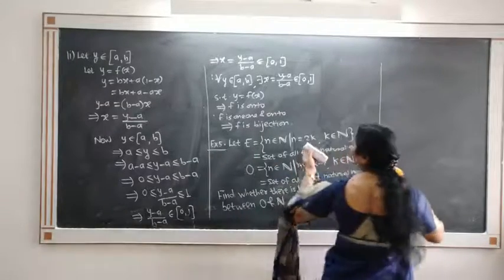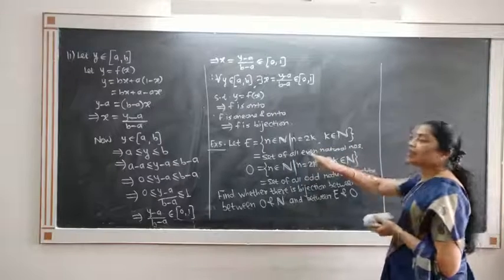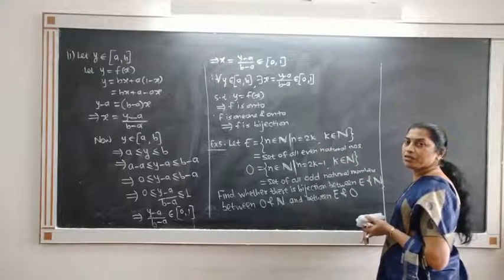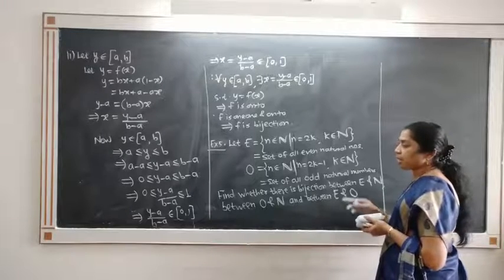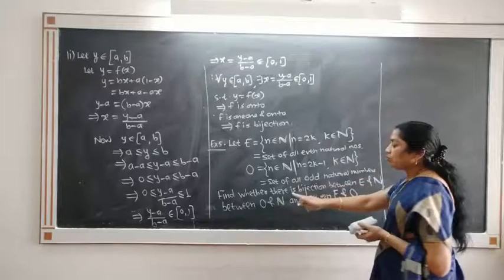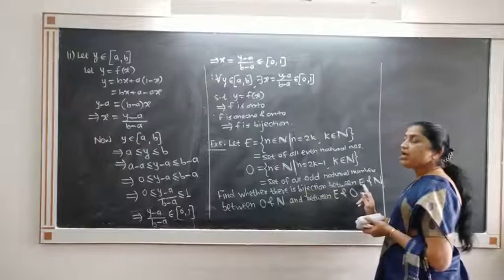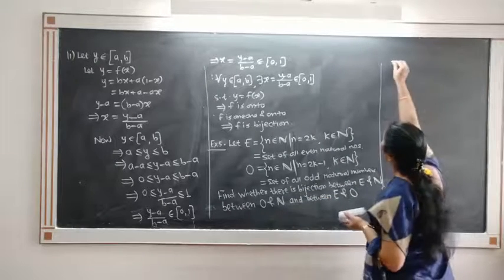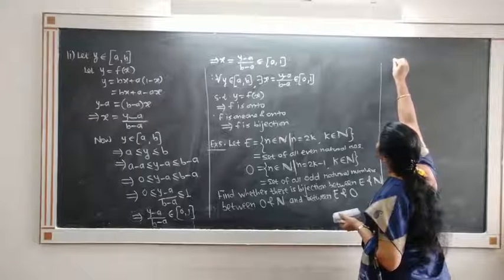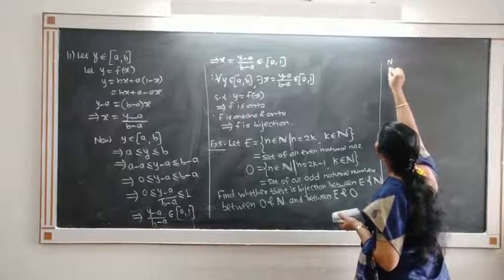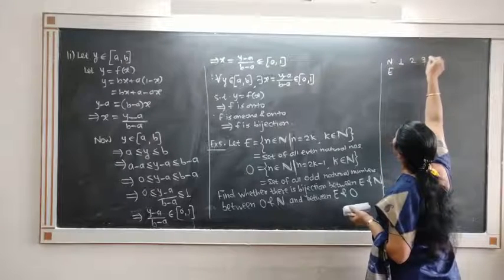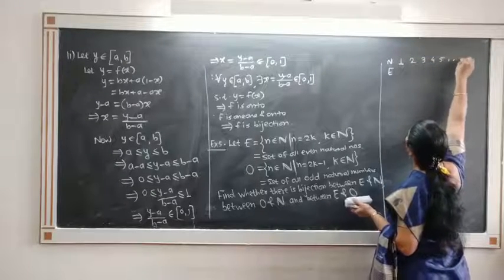See, E is nothing but the set of all even natural numbers. That is, even natural numbers means 2, 4, 6, etc. We want a bijection between E and N, whether it exists or not. Observe that if you consider N and if you consider E, N consists of elements 1, 2, 3, 4, 5 and so on.